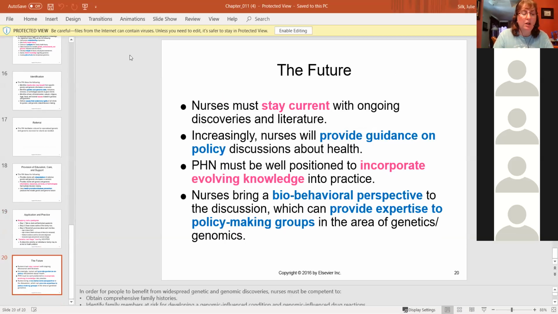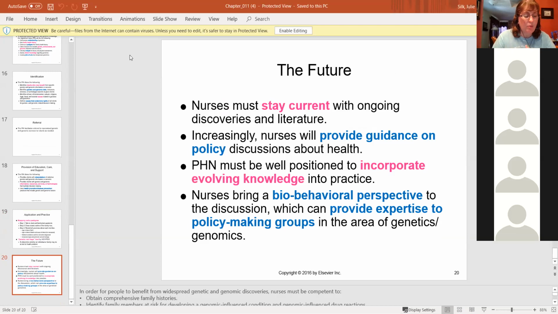Okay, so nurses must stay current with ongoing discoveries in the literature. In order for people to benefit from widespread genetic and genomic discoveries, nurses must be competent to obtain comprehensive family histories, to identify family members at risk for developing a genomic influenced condition, or even genomic influenced drug interactions.